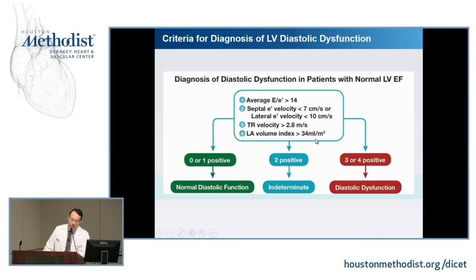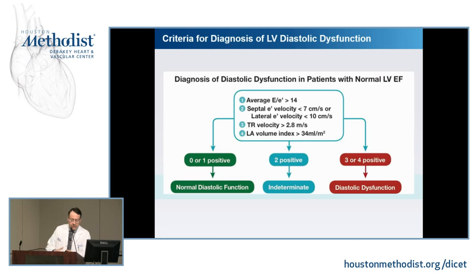Having said that, the upper limit of a normal LA volume index not only depends on the population that you study, but also depends on the methodology used to get LA volumes. NORRE showed some differences, and up to 10% of normal subjects, not patients, can have a value more than 34 mLs. As a result, LA maximum volume index by itself should not stand.